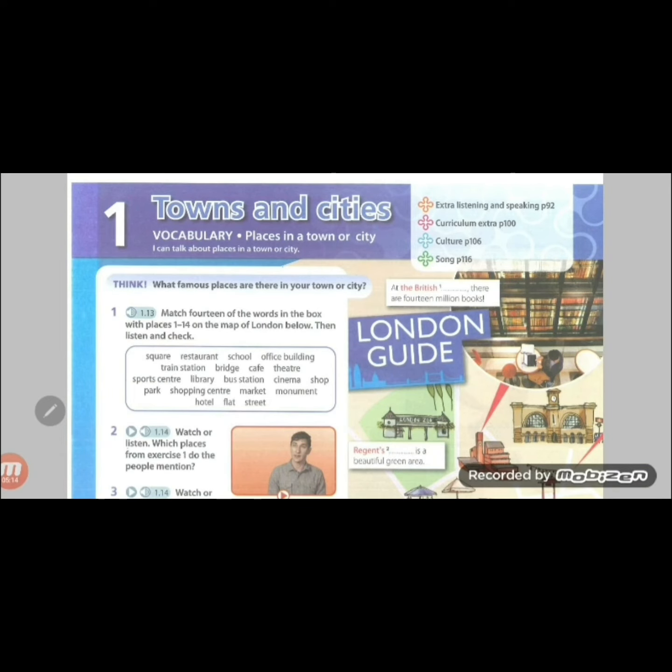The first topic that we have in the textbooks is towns and cities. When we see the words towns and cities, it is based on places in towns or cities.